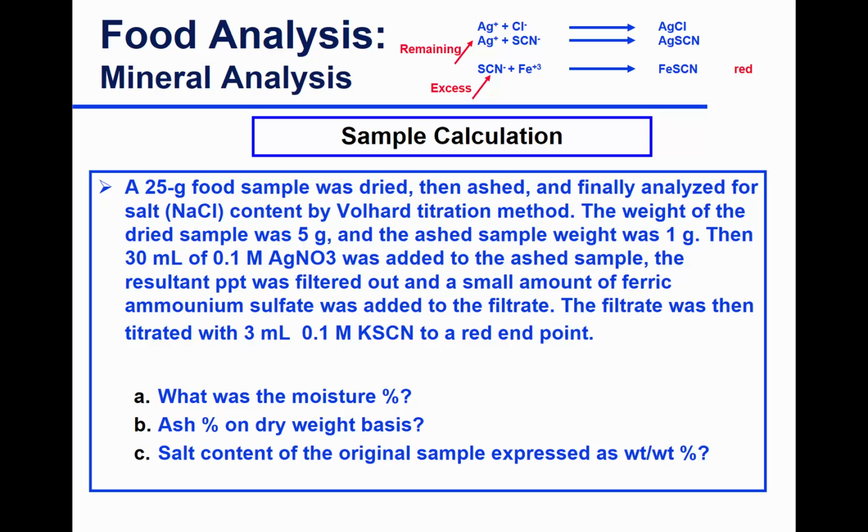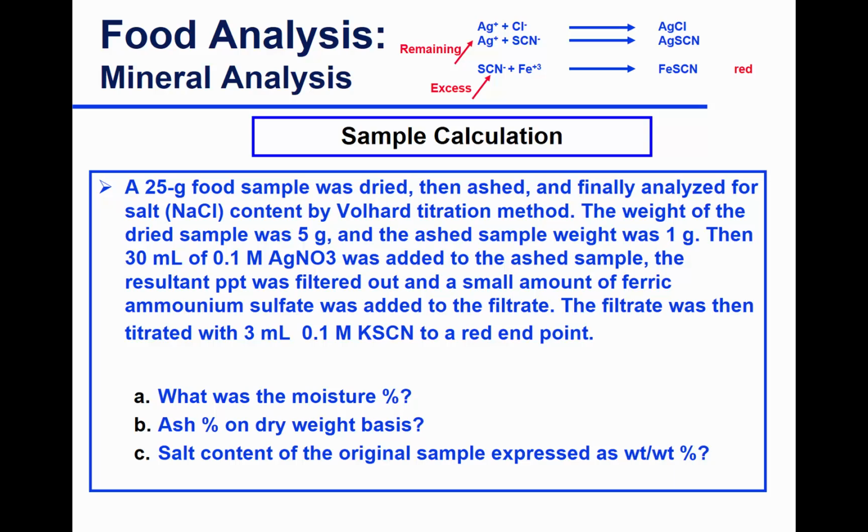Now, the next one. Who has an idea of how to start? Billy has an idea of how to start. You have to find how many moles of chloride reacted and figure out it should be equivalent to how many moles of KSCN you have, right?